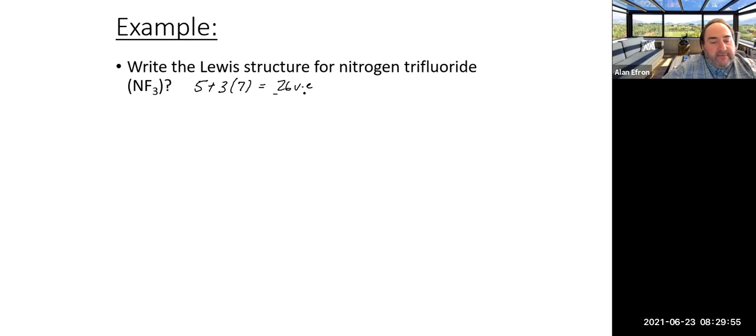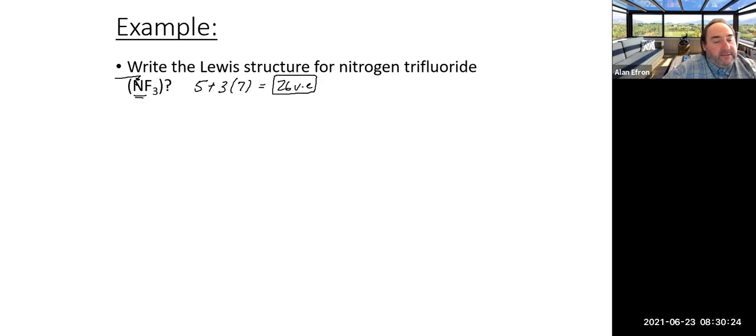This 26 valence electrons that we just calculated from the formula means that we should end up with a picture that has exactly 26 electrons on it for it to be correct. We want to think about logical arrangement here. We could use our rule that the least electronegative atom goes in the center. Nitrogen and fluorine are in the same row, and fluorine is the most electronegative, and fluorine cannot be in the center.